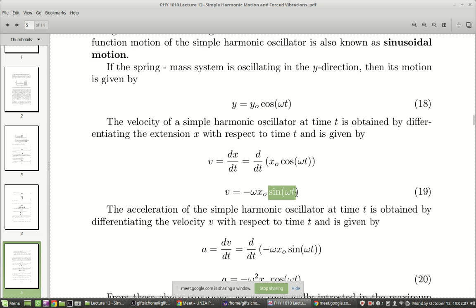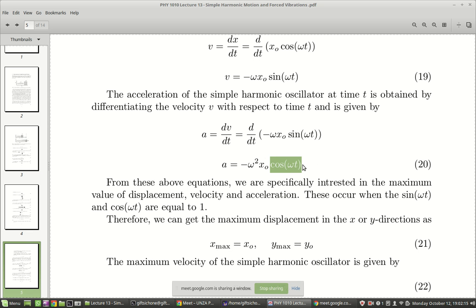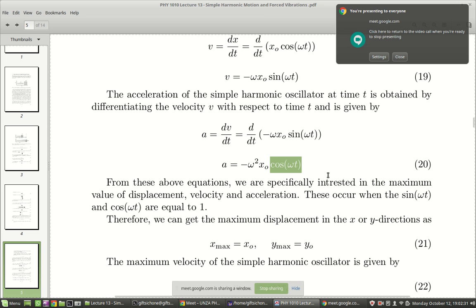So if you want to get maximum displacement, maximum velocity, maximum acceleration, then this sine omega t should be equal to 1, this cos omega t should be equal to 1.